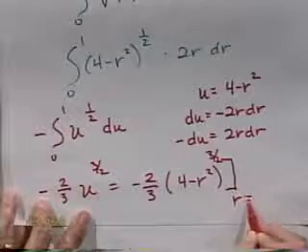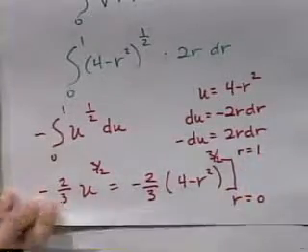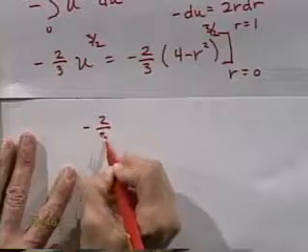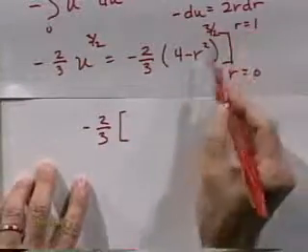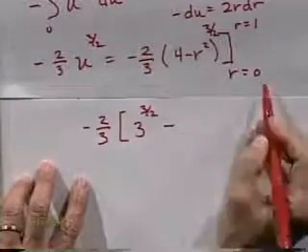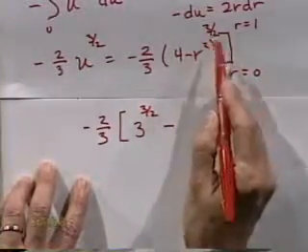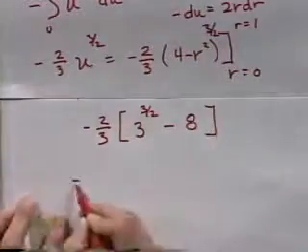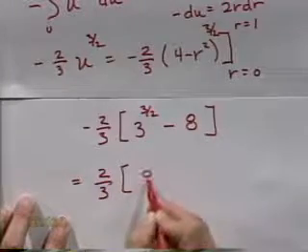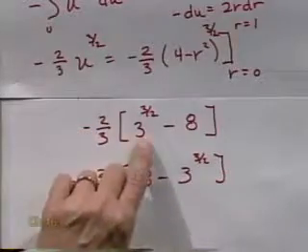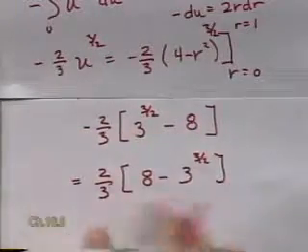And we're going from r equals 0 to r equals 1, which is going to give me minus 2/3 times, you put in 1 here, 4 minus 1 is 3, so it's 3 to the 3/2, minus, you put in a 0, 4 to the 3/2, the half says take the square root which is 2, cube it gives me 8. And I'm just going to write this as 2/3 times 8 minus 3 to the 3/2. Because if I just bring that minus inside, you get minus 3 to the 3/2 plus 8, which looks prettier this way.